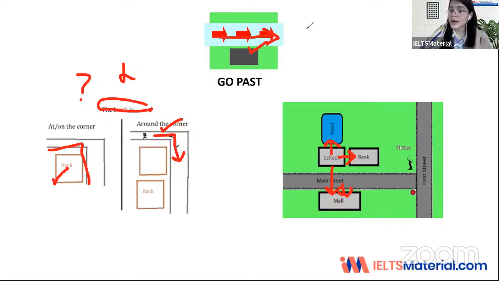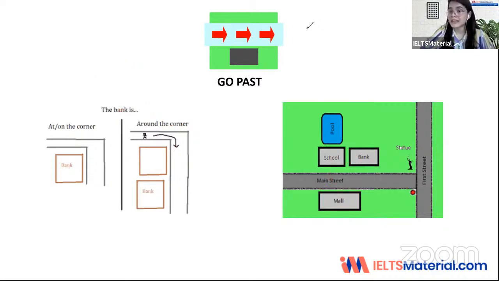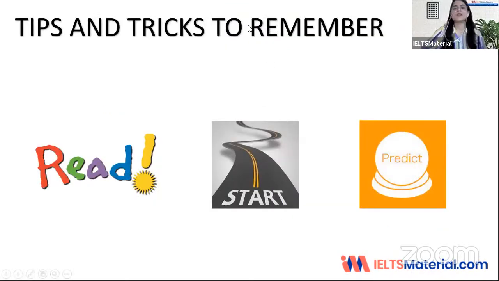Okay. So once we are clear with all of the vocabulary here, the next thing is to jump on to some tips and tricks. Let's see what tips and tricks we can use. The very first thing is to read. Now you will say, okay, everywhere we have to read, but what to read in map labeling?